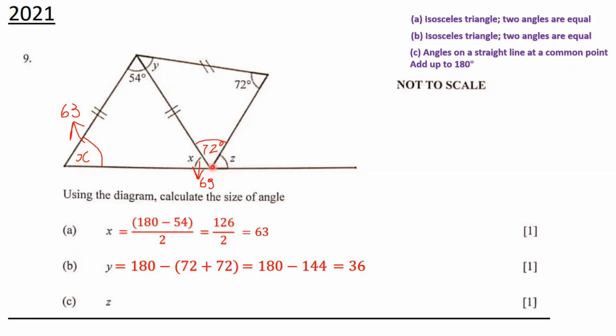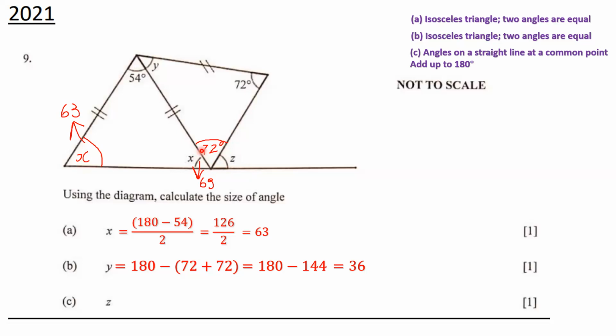Notice that angle x, angle z, and angle 72, all of them are on the same line and they are at the same common point that I have in red. The same dot that I have in red, all three of those angles are at that common point. And so if we consider angles on a straight line at this common point, which is x, 72, and z, all of them added together is going to be equal to 180 degrees.